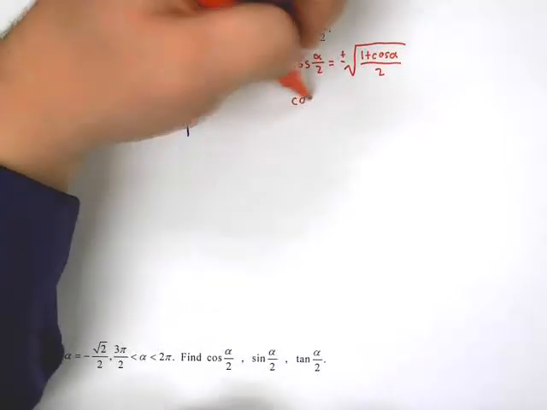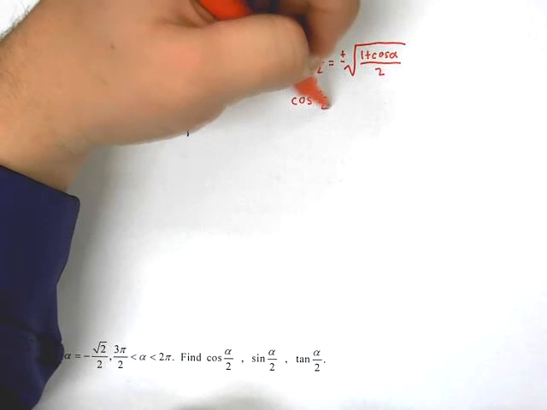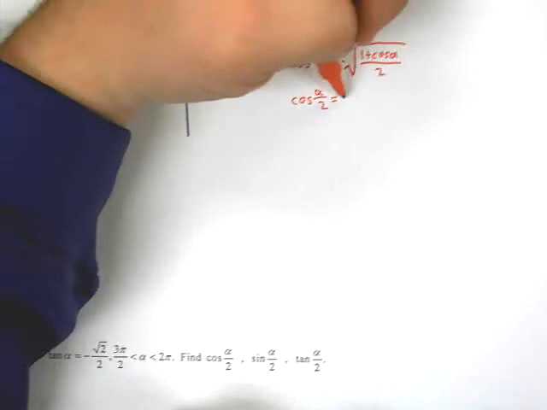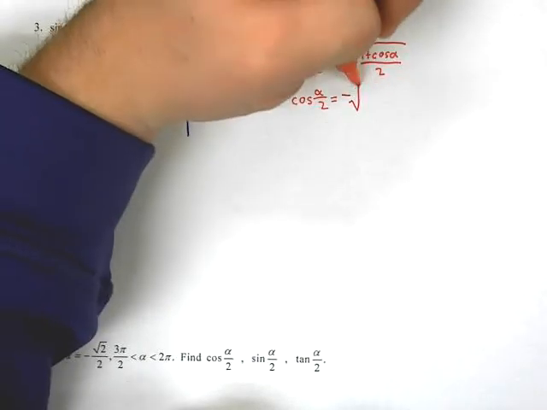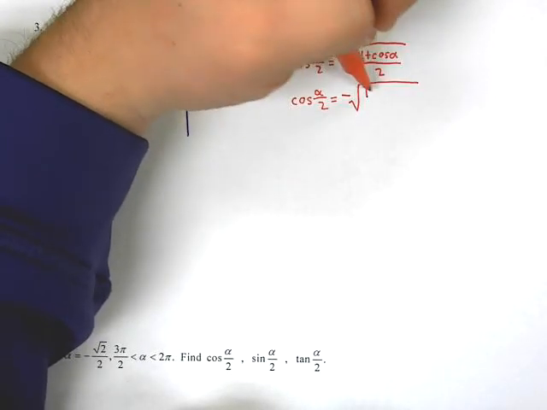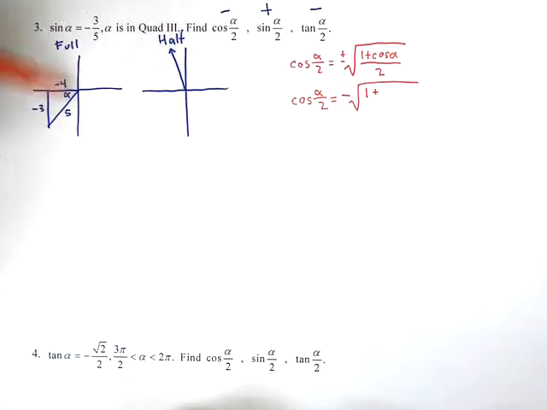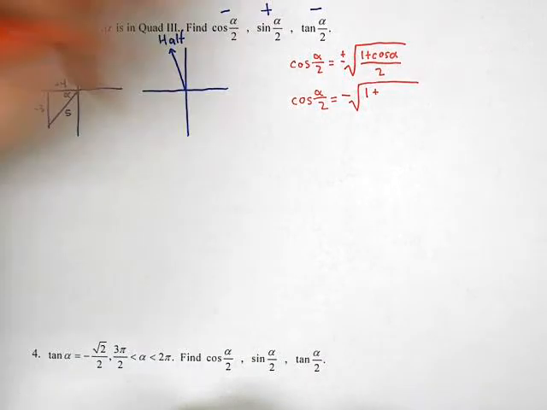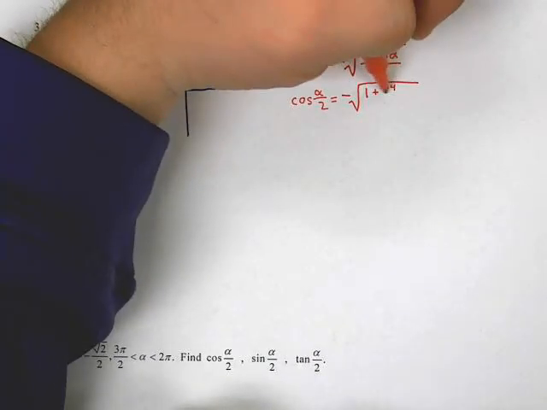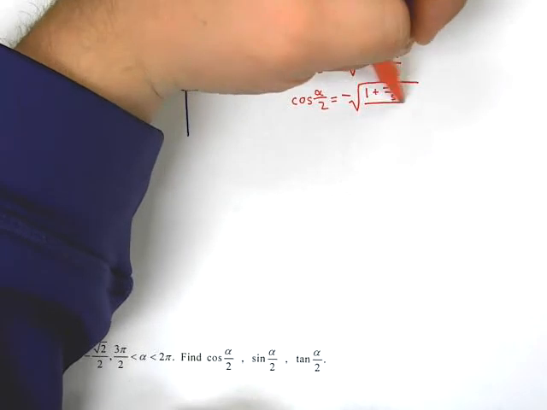I also can make a decision on my sign. I knew that cosine of the half angle has to be negative, so I have to carry a negative. I also know that I need to plug in cosine alpha. Well, cosine alpha I can get from my original sketch. It's negative 4/5. So I plug it in. And then that's all over 2.